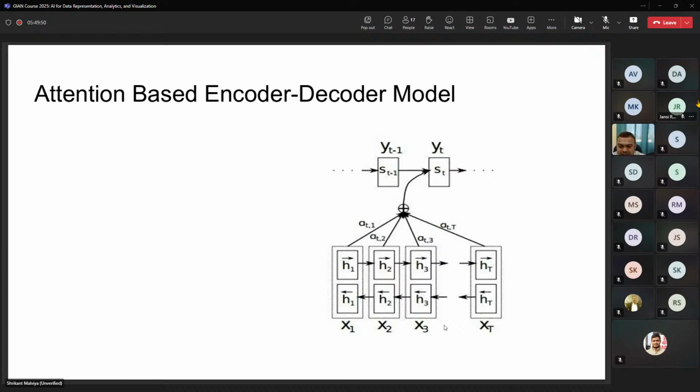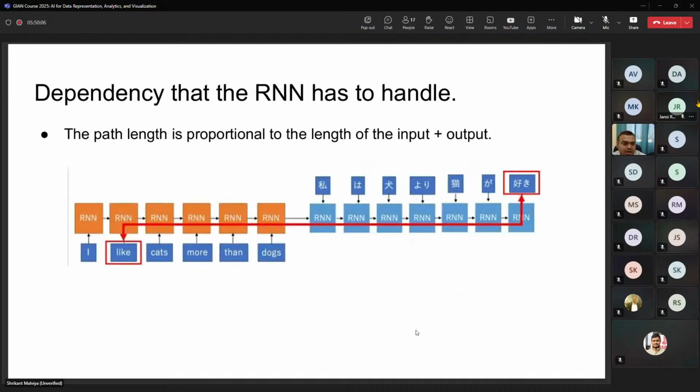And yes, there are many things which have been incorporated in the transformer model, which make it more efficient than the earlier sequence models. Okay, so let's quickly see.